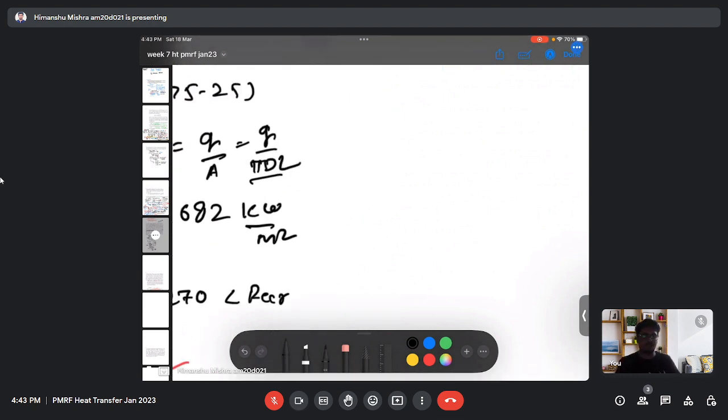So for the determination of the surface temperature, as we have also seen in the previous problem, we always use Newton's law of cooling. In the question, we found a big expression for the surface temperature profile. So for that, we use Newton's law of cooling. So again, we will be using the same thing.